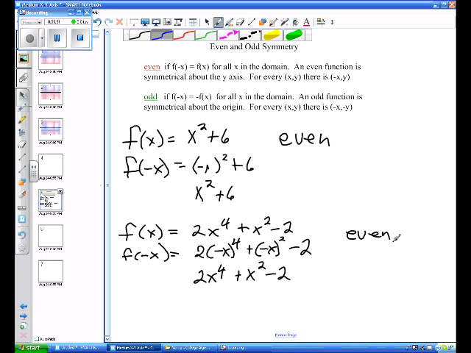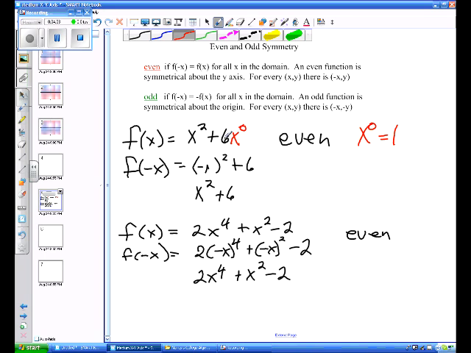Now, the reason these are named even is that there's a way we can look at our function sometimes and tell. Notice in the first one, my exponent was a 2, and 2's an even number. Now I had a constant, and if we put a variable with that constant, we would have to put x to the 0, because x to the 0 is equal to 1, and 6 times 1 is 6.